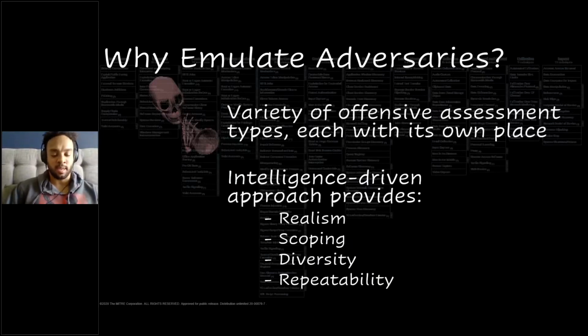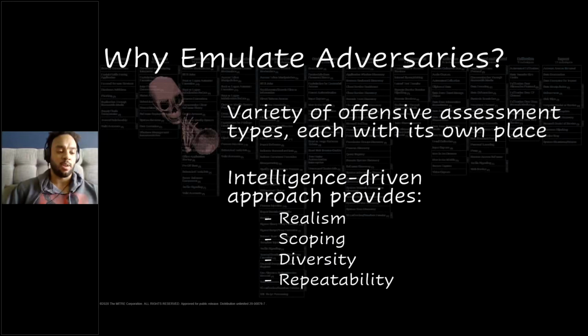So like I said, a major component of the talk is lessons learned emulating adversaries. Before we dive any further, I want to take a second to talk about what adversary emulation is. Adversary emulation is a subset of offensive assessments, and they all have their place. There's a time and a place to do a tabletop, a vulnerability assessment, a pen test or red team. But adversary emulation in particular is interesting because we're overlaying what a typical red team would do with intelligence.